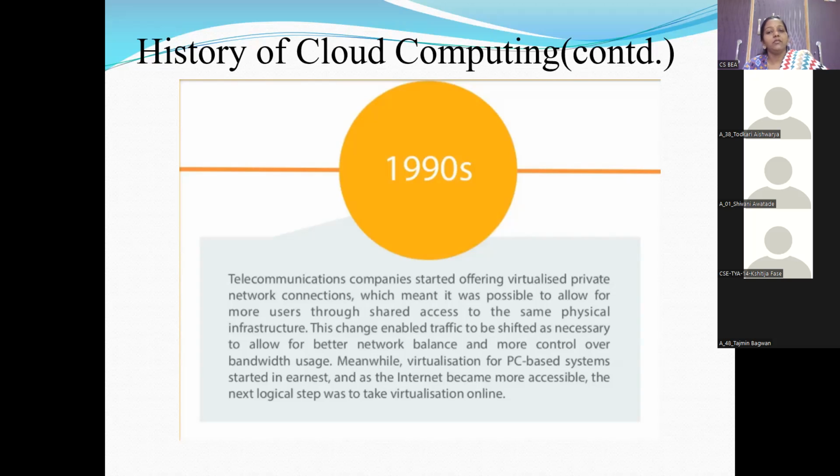Meanwhile, virtualization for PC-based systems started in earnest, and as the internet became more accessible, the next logical step was to take virtualization online. Till now, virtualization was, we can say, offline, where one particular machine was giving access to multiple users. But now this access started to become online after the 1990s.